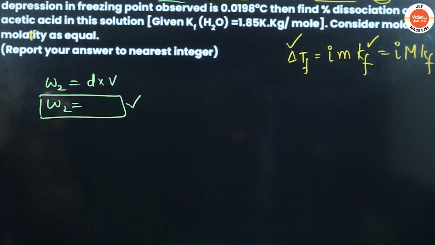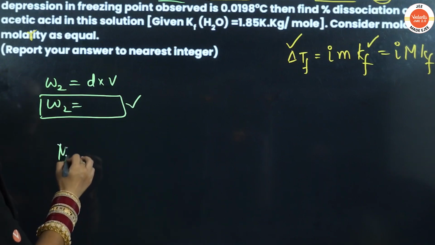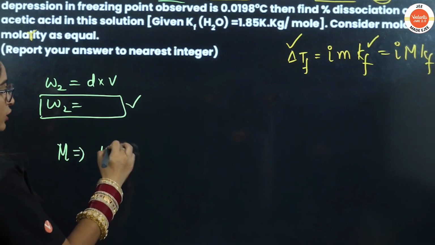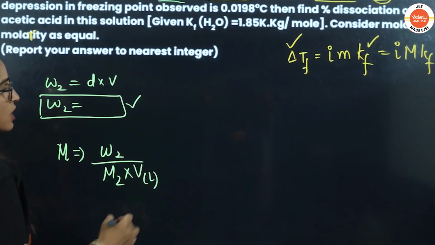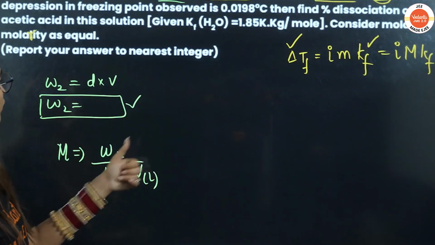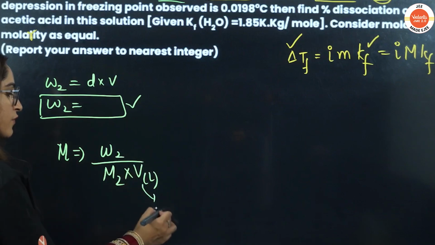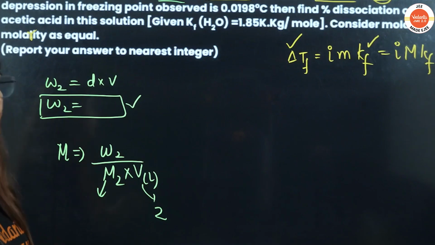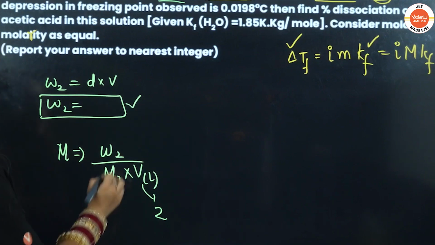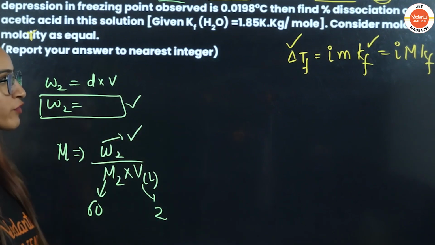When dissolved in 2 liter, from there molarity will be equal to weight of solute by molar mass of solute multiplied by volume in liters. Volume is given to you, given to be 2. Acetic acid is CH3COOH, that is coming out to be around 60, right? W2 you can easily calculate from here.